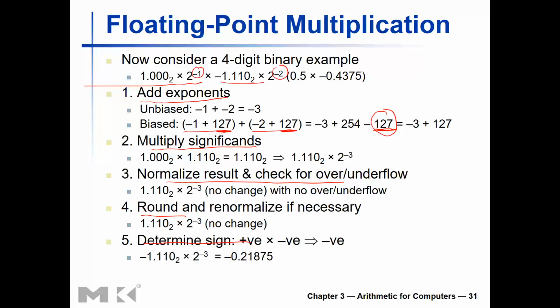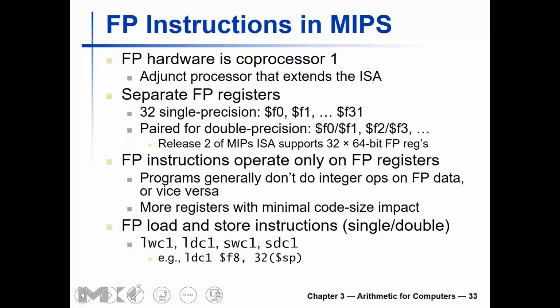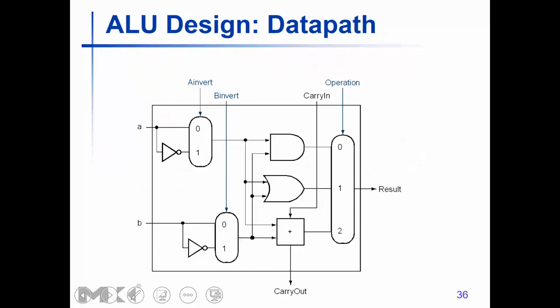Obviously, the sign is the exclusive OR of the two signs, meaning if you are multiplying positive by positive or negative by negative, the answer will be positive, and positive multiplied by negative, the answer will be negative. Of course, the associated hardware with the multiplier and the associated instructions in MIPS, I'll leave those for you as reading material to go over and study yourself.